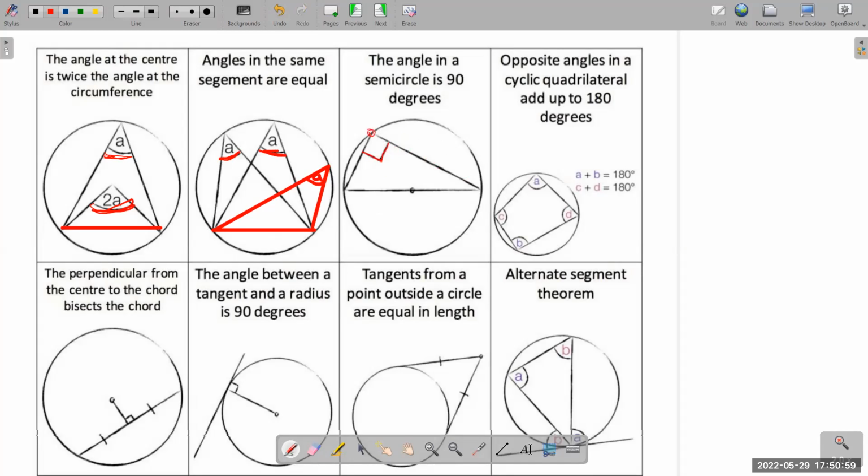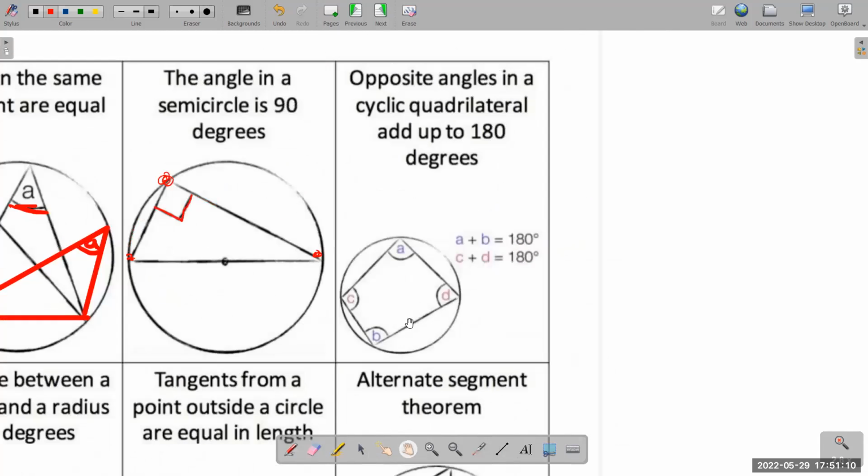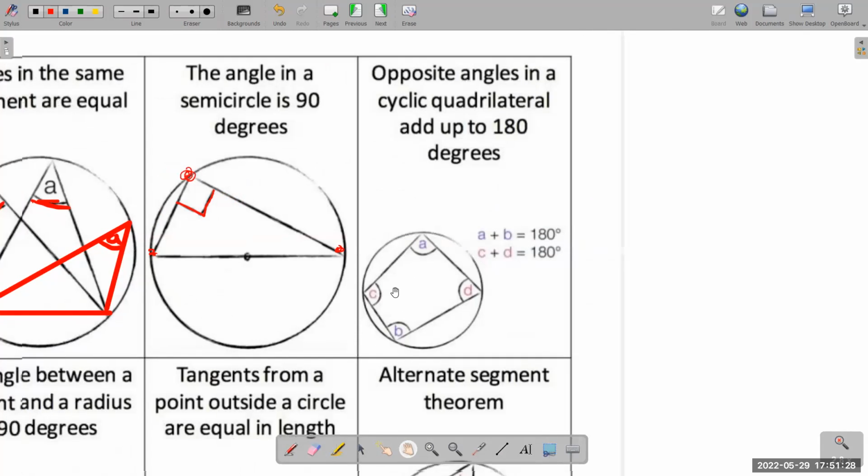Once you're touching the circumference and it is built from the diameter, the angle at the circumference is 90 degrees. Then we have something called a cyclic quadrilateral. That's when the vertices or the points of the quadrilateral are touching the circumference. So all four are touching the circumference. What is this law? Opposite angles are supplementary. So if I add A and B, this will give me 180. If I add C and D, this will add up to 180 degrees.